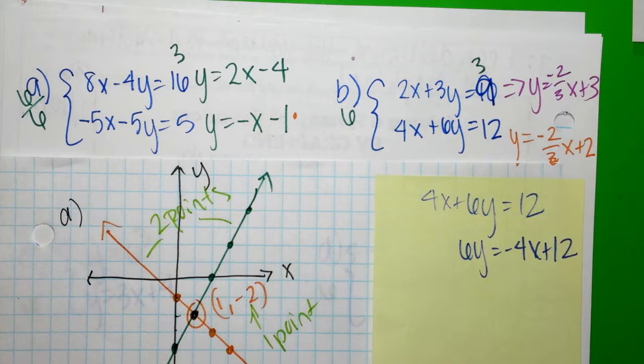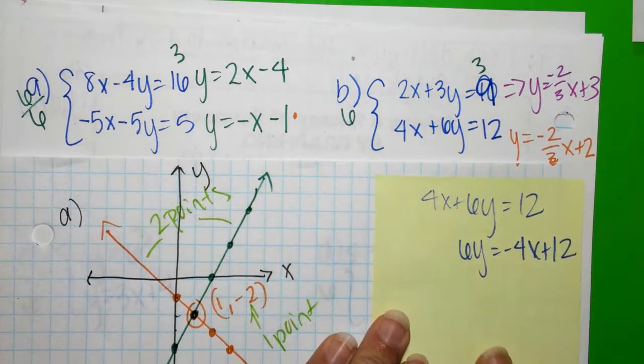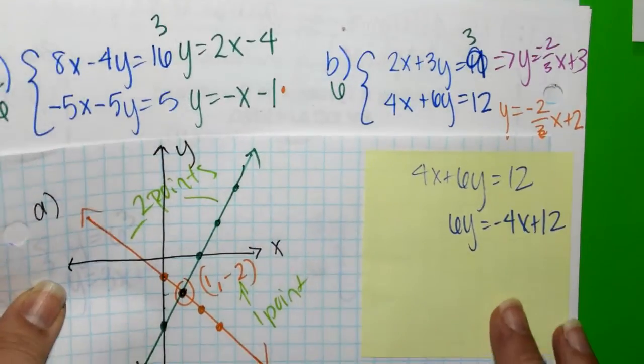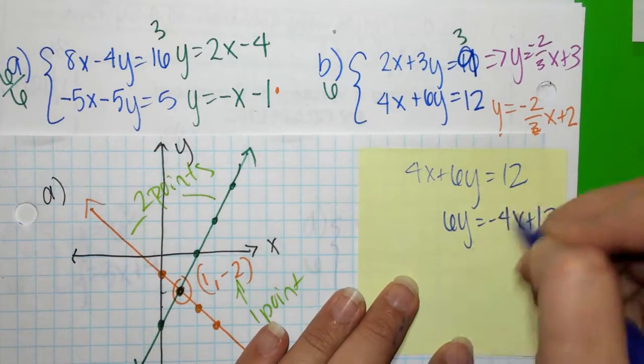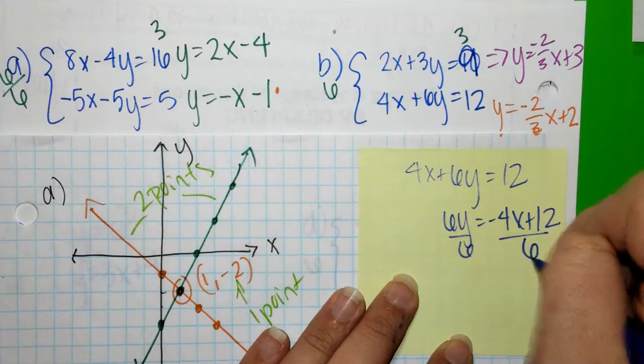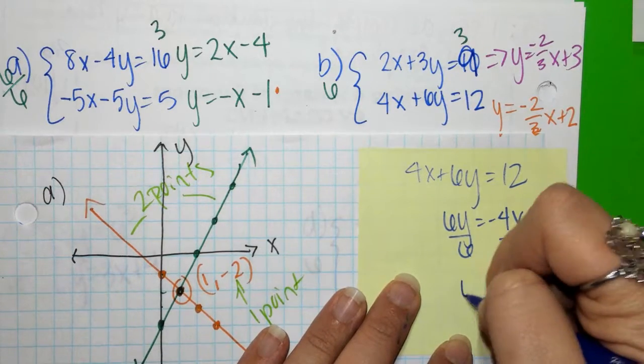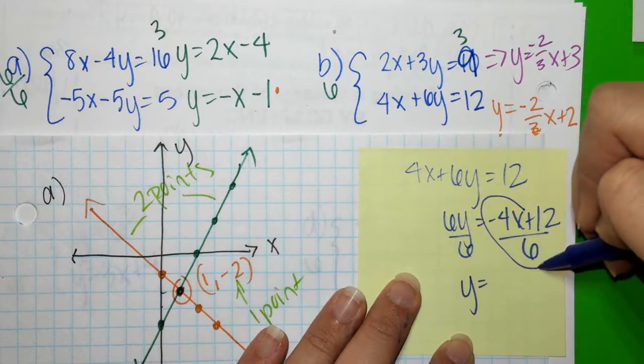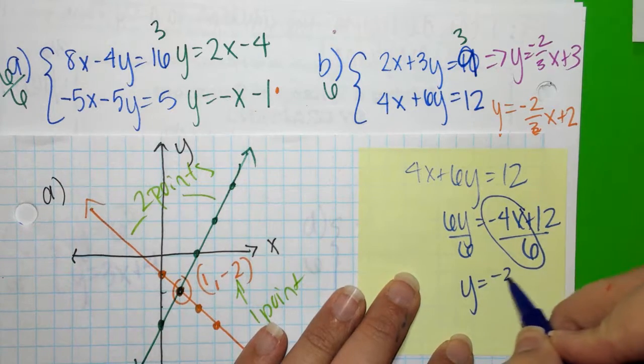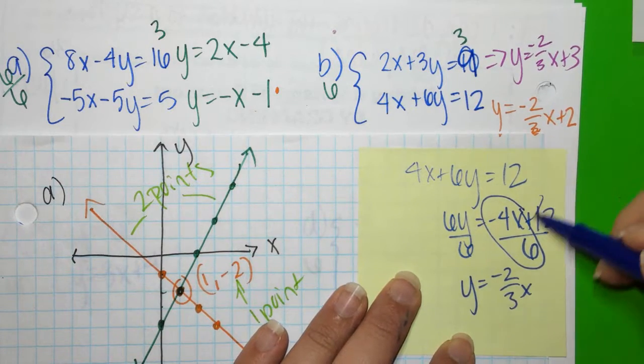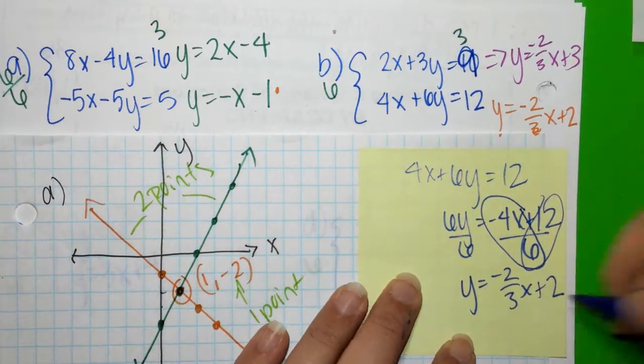Yes? We're not there yet. Please just let's stay together. Then we would divide by 6, so we would divide everything by 6. Negative 4 divided by 6 gives me negative 2/3 x. 12 divided by 6 gives me 2.